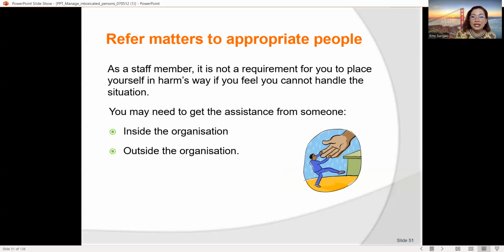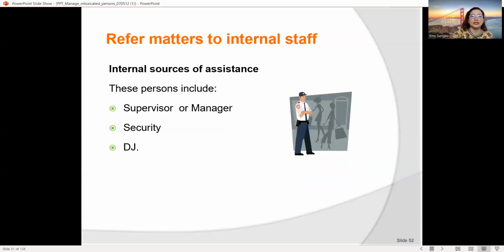As a staff member, you are not required to place yourself in harm's way if you feel you cannot handle the situation. So you may need to get assistance from someone, either inside the organization or outside the organization.